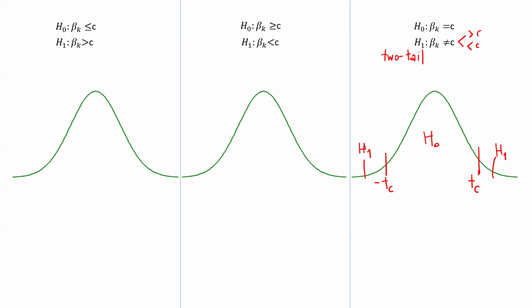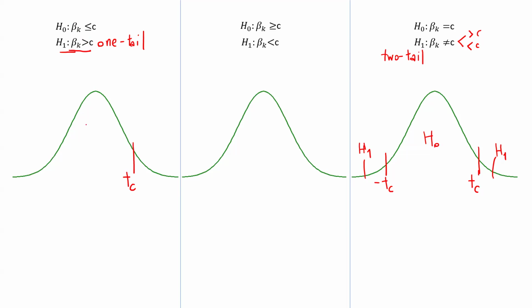How about if we would like to test whether beta is greater than some value? Greater than is one tail, and since it's greater, it is on the right. So you have to find the critical value on the right.